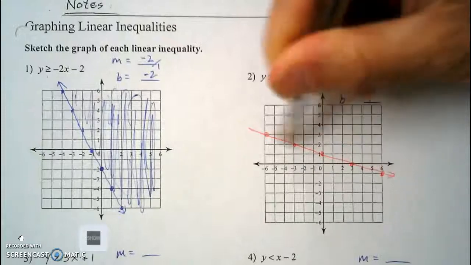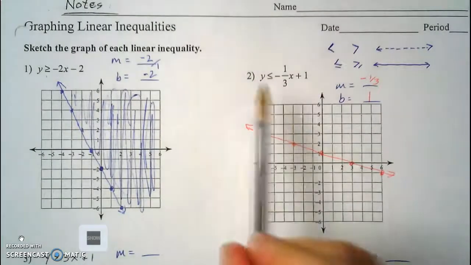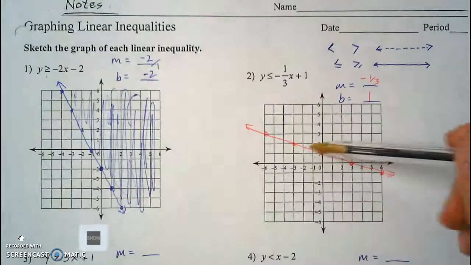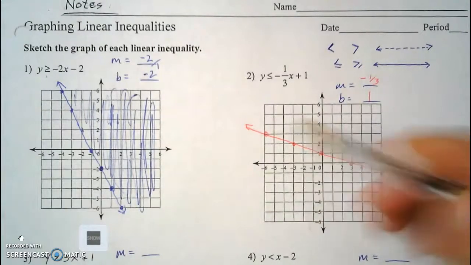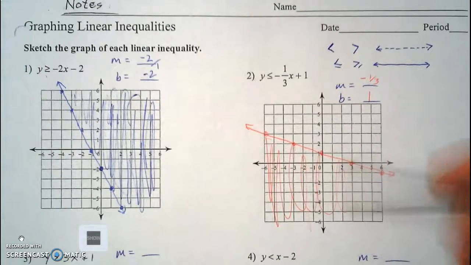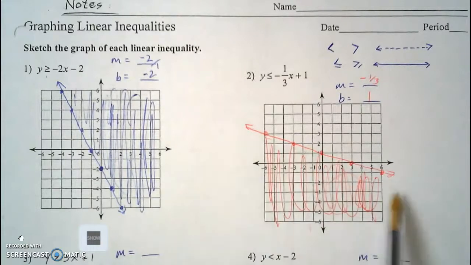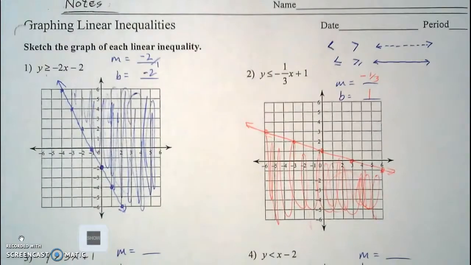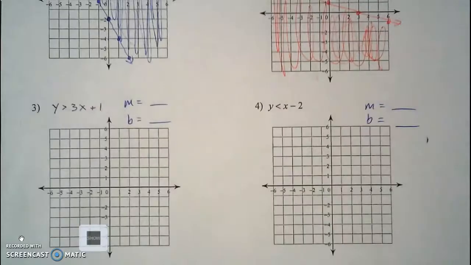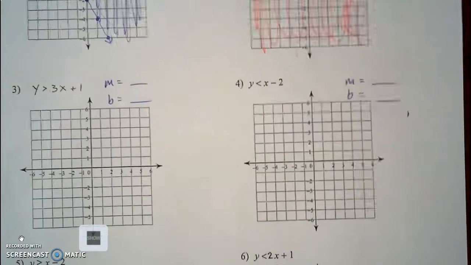And now to shade, I mean above or below. Y is less than or equal to. So if on the line, I would shade under the line. So again, all of these shaded points and points on the line would make that true, all of those ordered pairs.